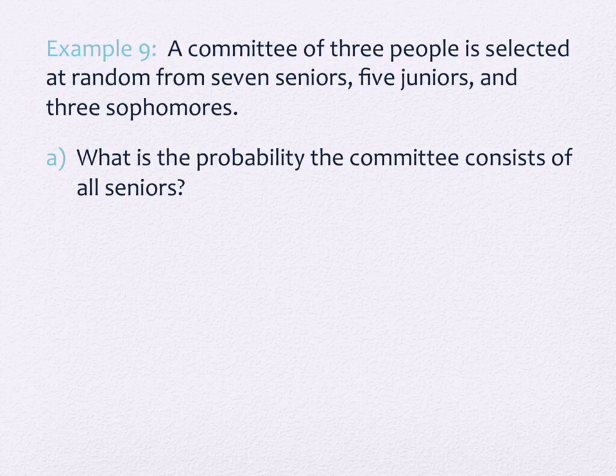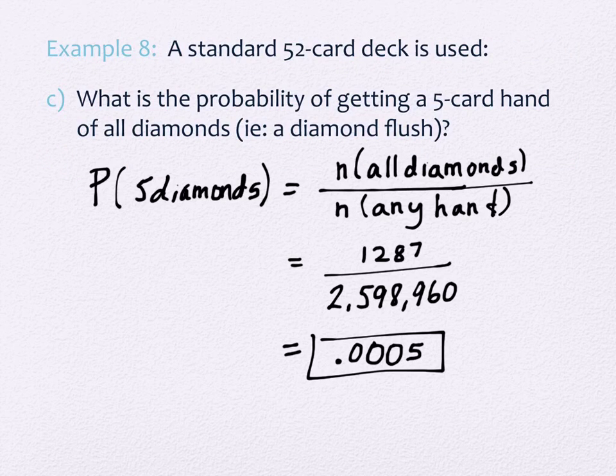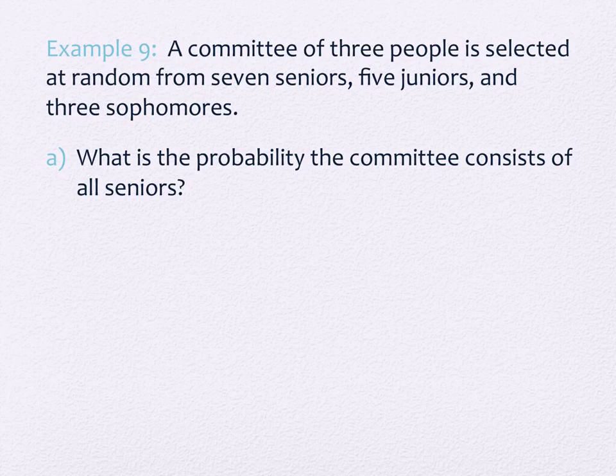Well, let's just write it out like we did on the last one at the beginning, right? The probability of 5 diamonds is the number of this over the number of this. Well, this should be the probability of all seniors.